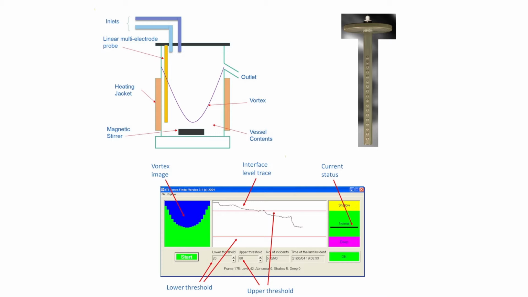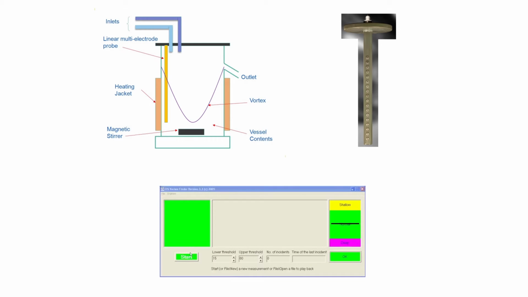We can explore operation using actual process data. The data shows a progressive increase of the vortex depth, from a shallow state, eventually to an excessive deep state.